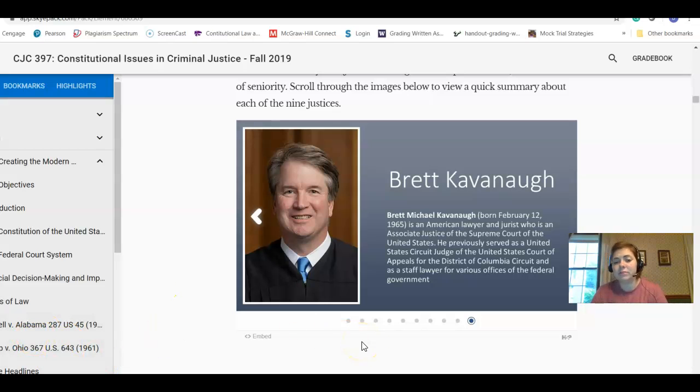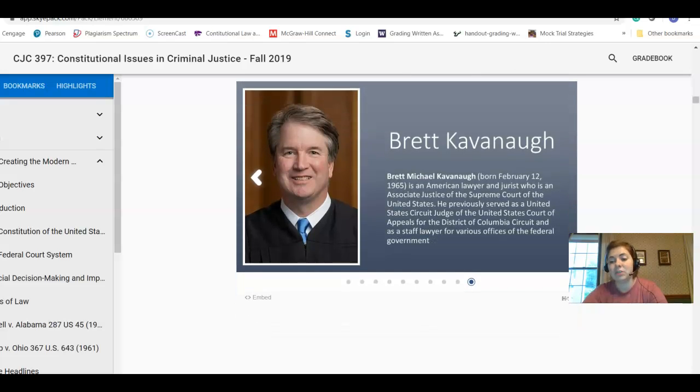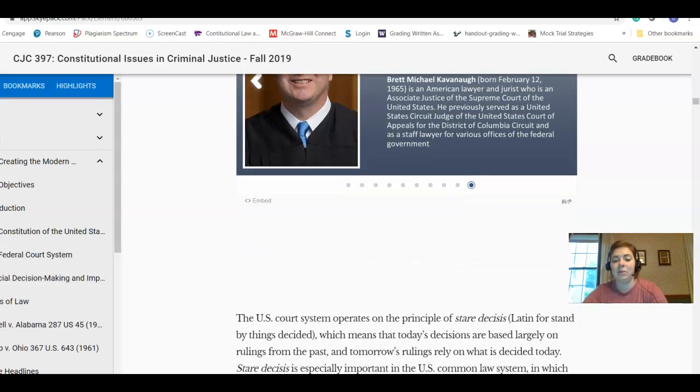If any of you follow the news, you will know he had a very contentious confirmation, but he did ultimately make it through the process. He is right at his 1-year anniversary, so we don't know a lot about him as a justice, or his jurisprudence, his style, and the things that are going to be the most important to him yet. He just hasn't been on the court long enough.